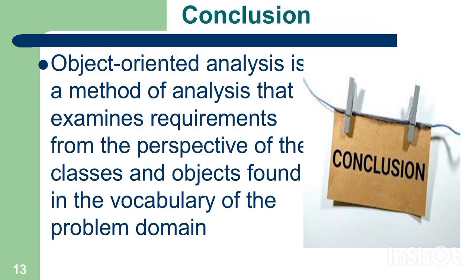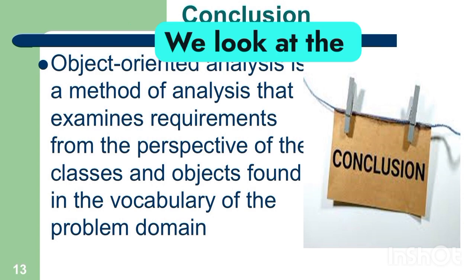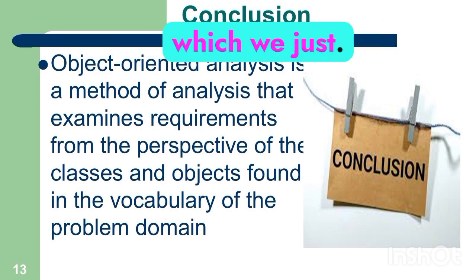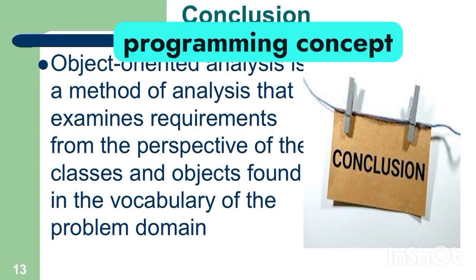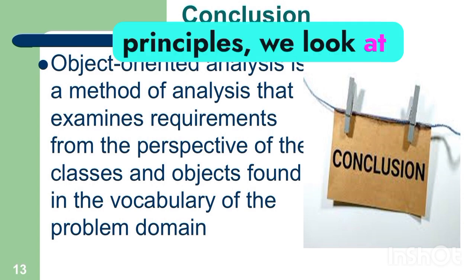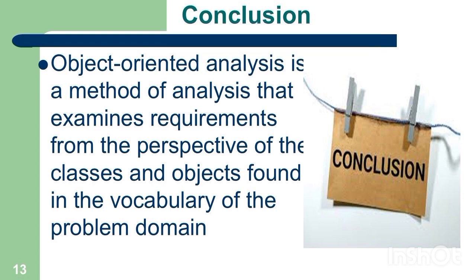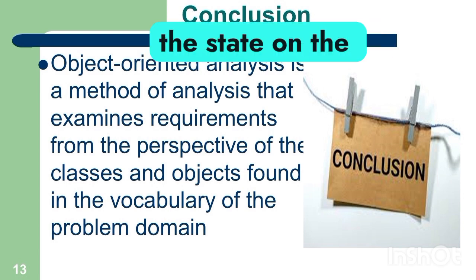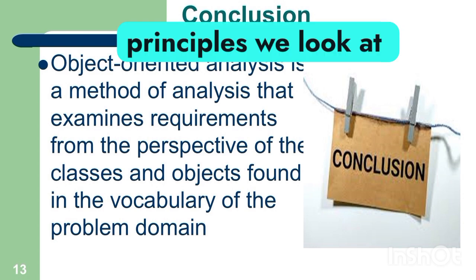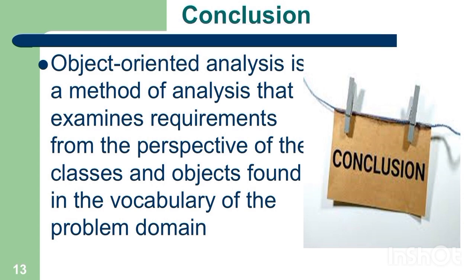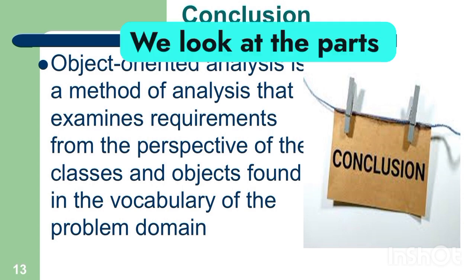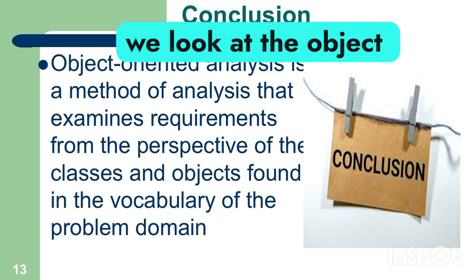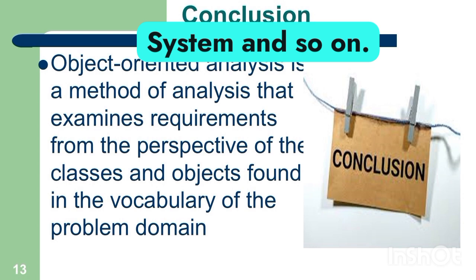And then we look at the object-oriented design. We look at the difference of object-oriented design, which we just concluded giving the differences. We look at the object-oriented programming concept. We look at the principles. We look at the examples. And then we look at the stage under abstractions, and also under principles we look at the types of inheritance. We look at the states and then the transitions. We look at the parts of transitions. We look at the object-oriented system and so on.